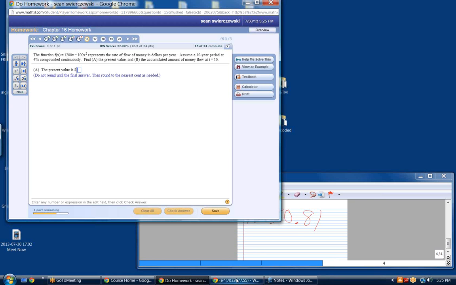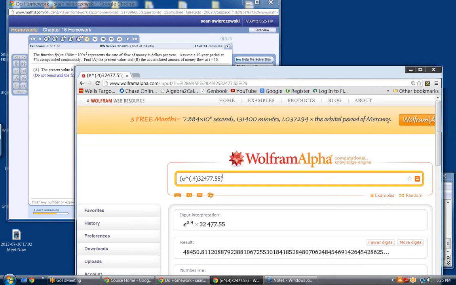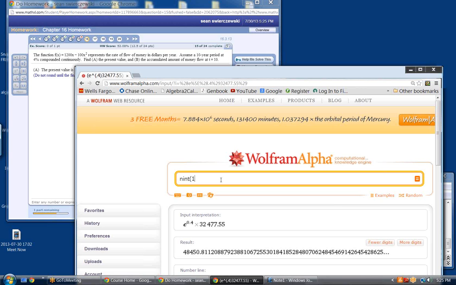All right, let's use Wolfram Alpha again. Okay, so we want the NINT of this function, 1200x minus 100x squared, comma 0, comma 10.